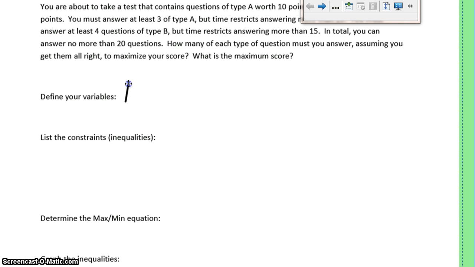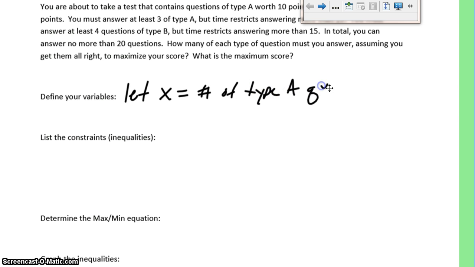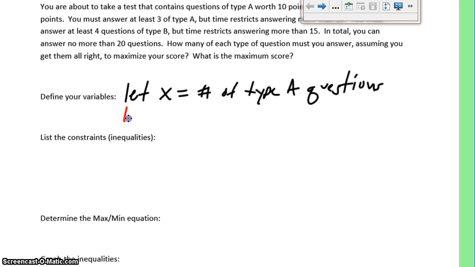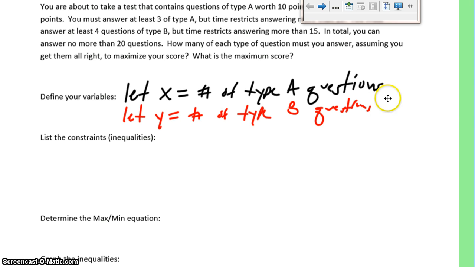Maybe we go ahead and let x equal the number of type A questions that you answered. And then maybe we can go ahead and let y equal number of type B questions answered.